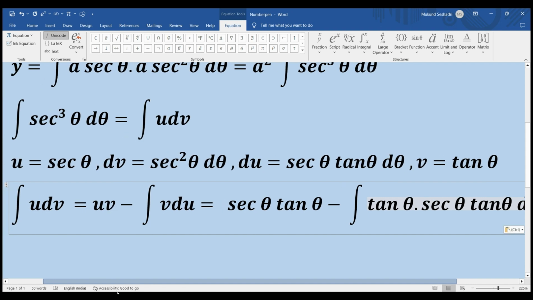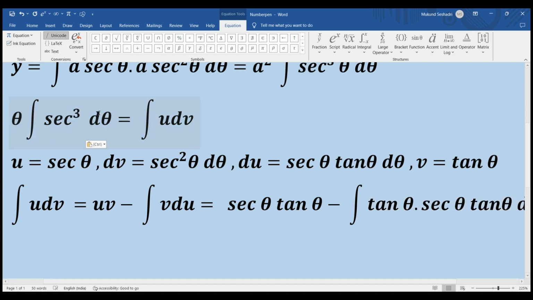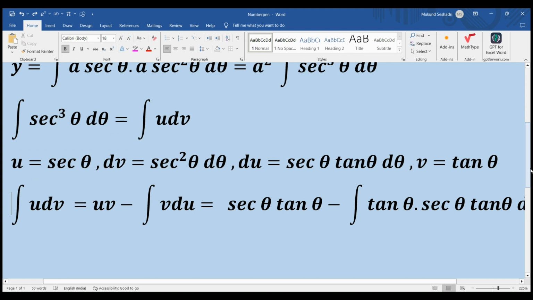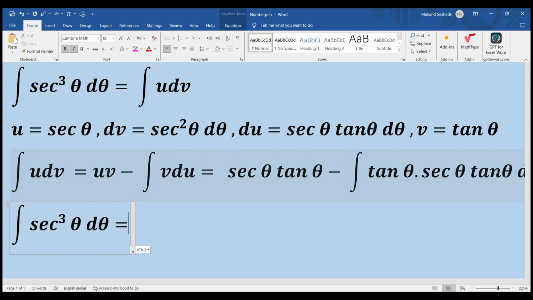And this is where I want you folks to watch this very closely. What I'm going to do is my LHS, what we started off is integral of secant cube theta d theta, right? So I'm going to write that as it is, okay? And what we have on our RHS is what we are going to do a little bit of, what can I say, jugglery, right?